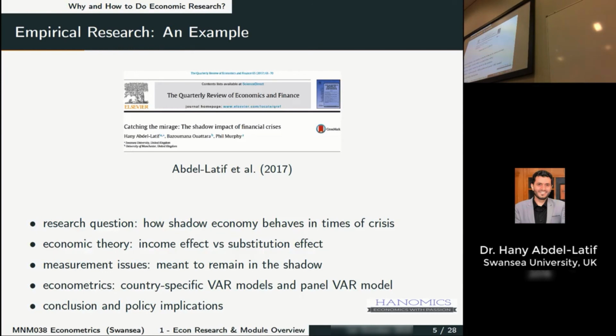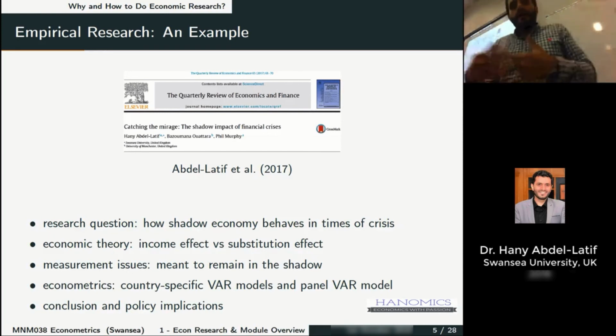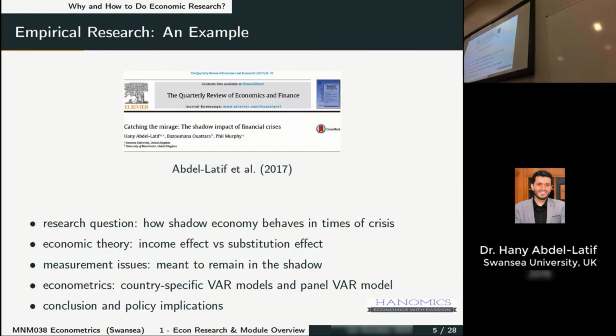Let people find jobs even in the informal sector. I'm not trying to sell my paper; I'm saying this is what we said in the paper. It's a story, like a journey you need to go through, and this is how you need to think about your own work.